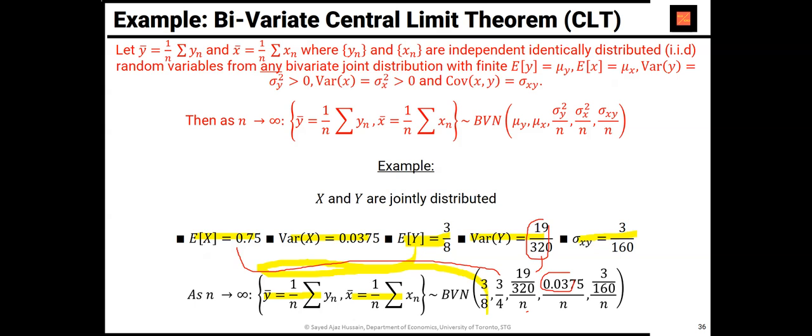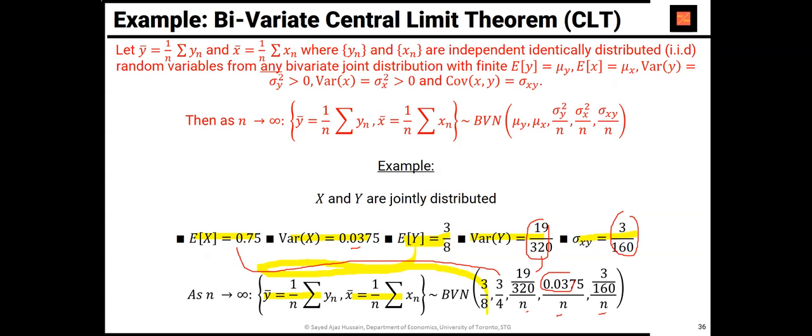Here is the variance of x divided by n. And here's the covariance of x and y divided by n. So even though x and y were not bivariate normal to begin with, the sample means of x and y's are bivariate normal.